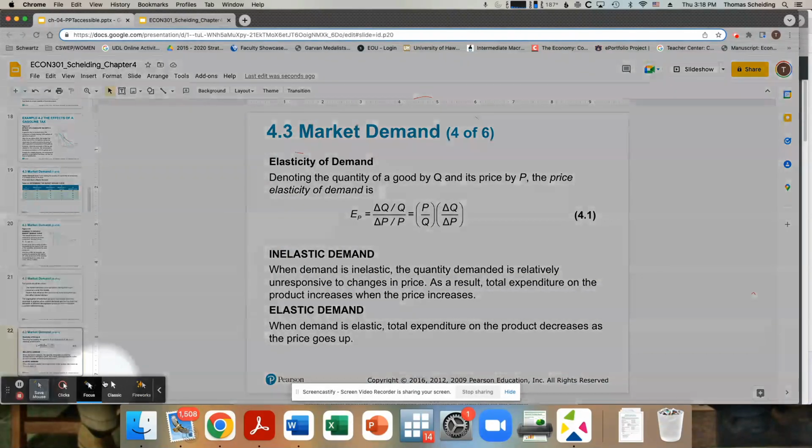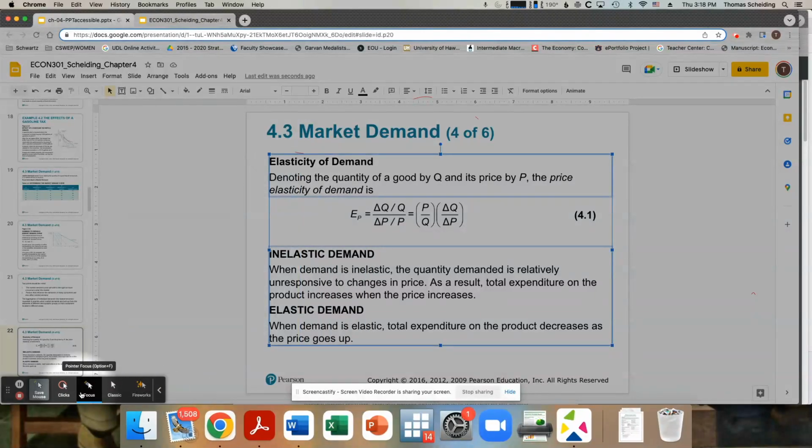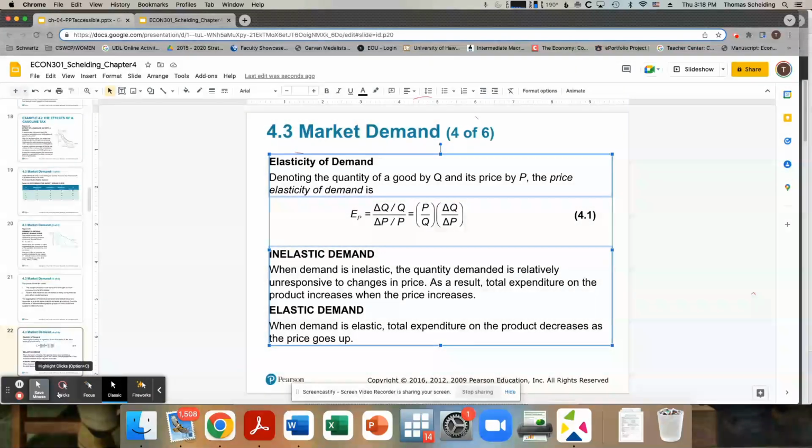Elasticity of demand. Very, very important. How do I turn it off? That's not good. There we go.